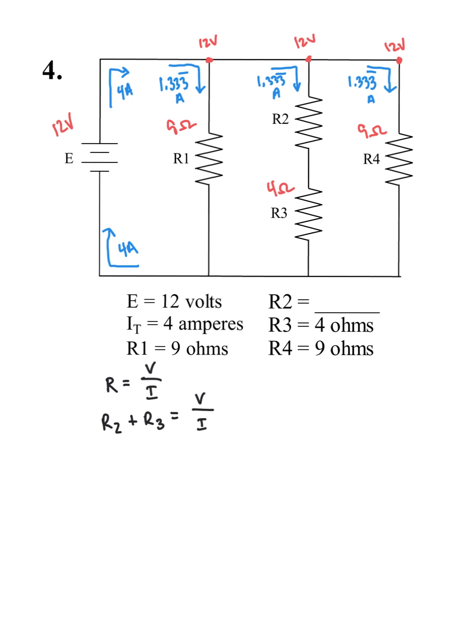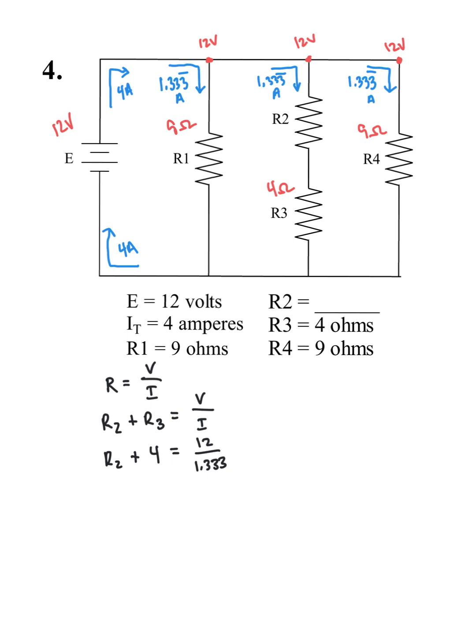So it's a little bit of a variation to what we're used to seeing. R2, I don't know what it is, but I know that R3 is 4. I know my voltage is 12, and the amps going through this is 1.333. So the next thing is to take 12 volts and divide it by 1.33, as many threes as you can get.